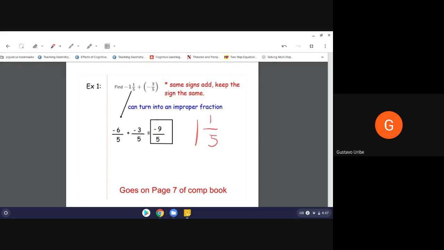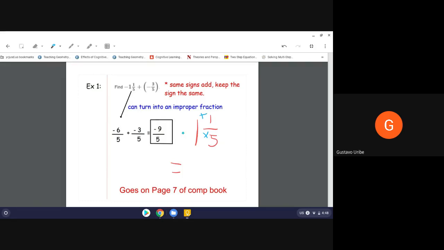To turn this mixed number into an improper fraction, I'm going to take my denominator and multiply it by the whole number. So 5 times 1 is 5. And I'm going to add the numerator.